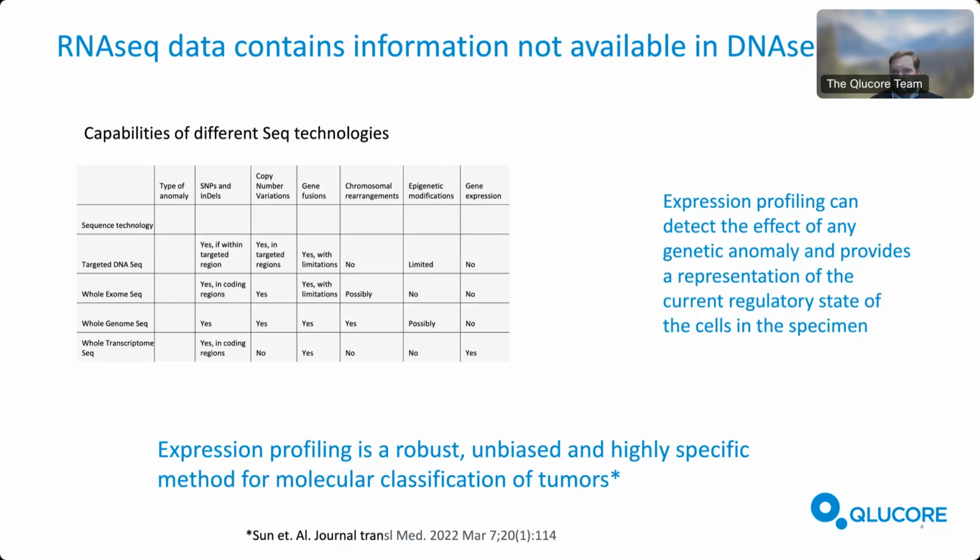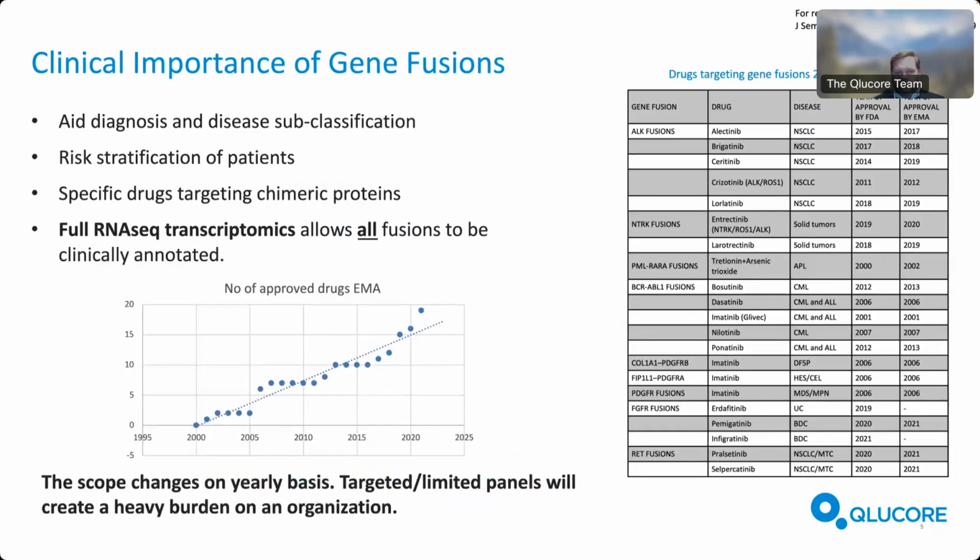So what about gene fusions? Well, gene fusions are highly clinically relevant. And in the interest of time, I will not talk too much about this, but the slide demonstrates that the number of drugs targeted towards gene fusion events are increasing and is an important part in, for instance, the improvement in treatment of leukemias and lung cancer in the past decades.